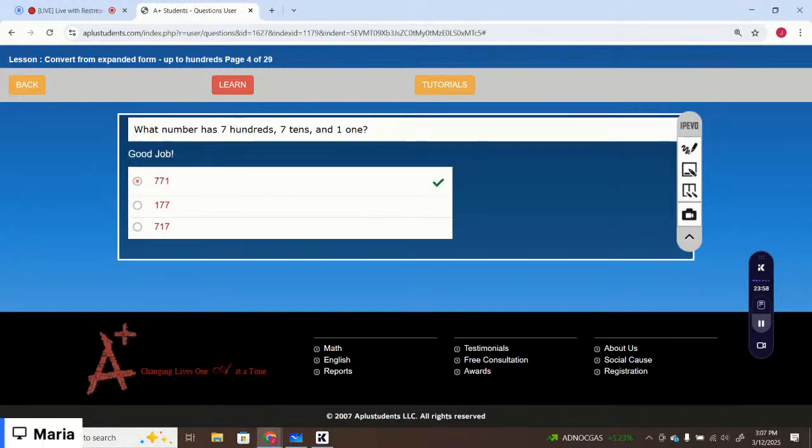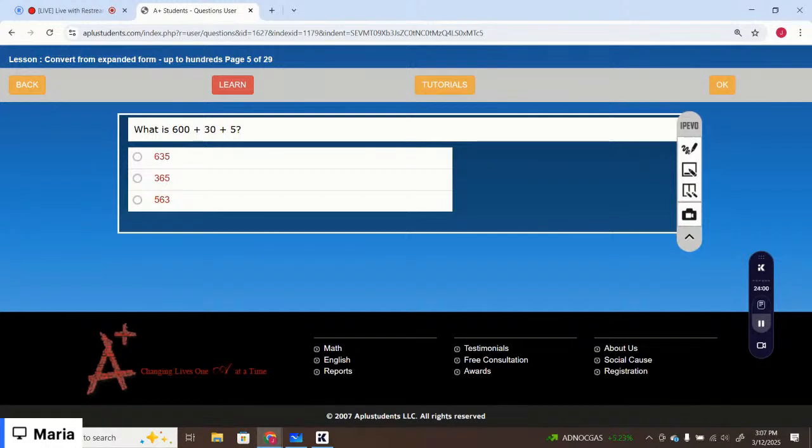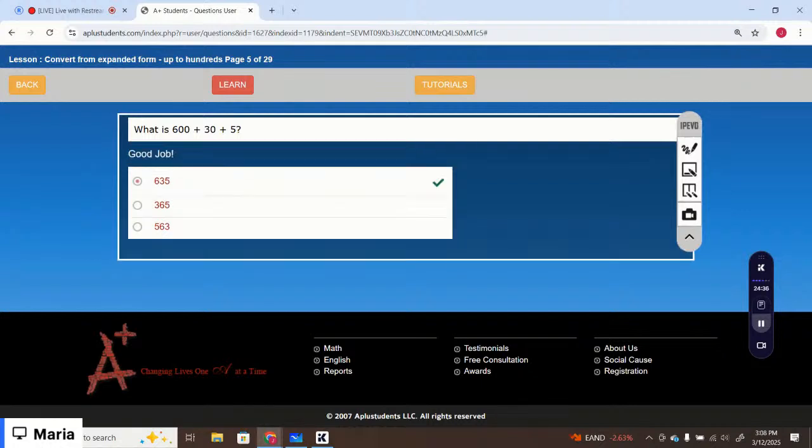Option number one is the correct option. What is 600 plus 30 plus 5? Which is the correct option? That is 635. Option number one is the correct option.